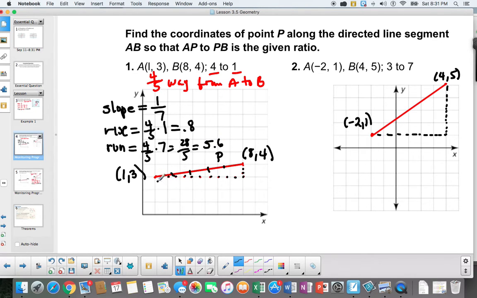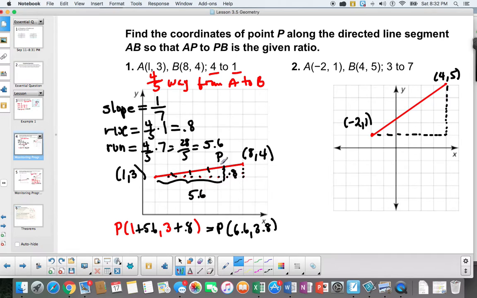So I want to go 5.6 over, and then go up 0.8. I'm starting here at the point 1, 3, and my run will add 5.6. So my P will be 6.6, comma 3.8. Those are the coordinates for point P.